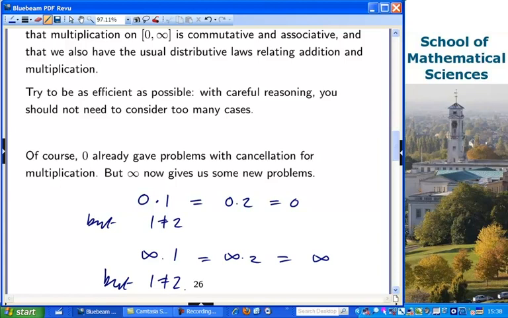So we've got a new failure of the cancellation law for multiplication. But since we're already used to worrying about division by 0, you now also have to worry about division by infinity. Okay? Actually, we never will divide by infinity. Though one could talk about dividing a real number by infinity and getting naught if you wanted to. But I never intend to divide by infinity in this module.